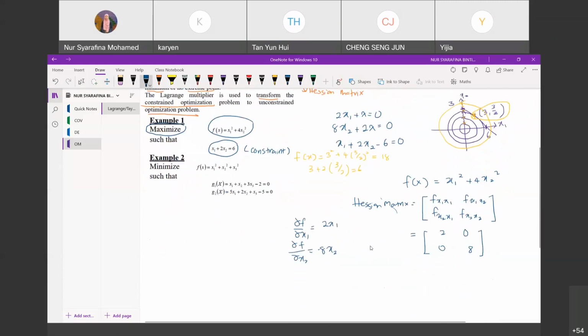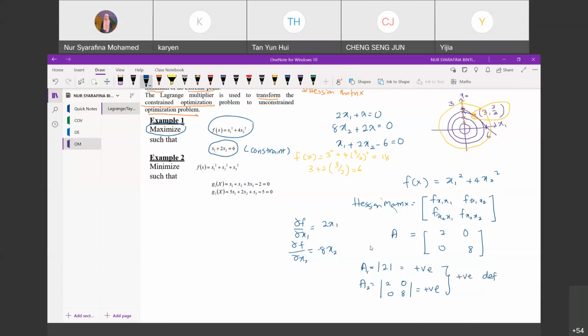Let's say this is your A. So A1 is given by 2, A2 is given by 2008. This is positive, and this one is also positive. If all leading principal minors are positive, then we can decide the Hessian matrix is positive definite.